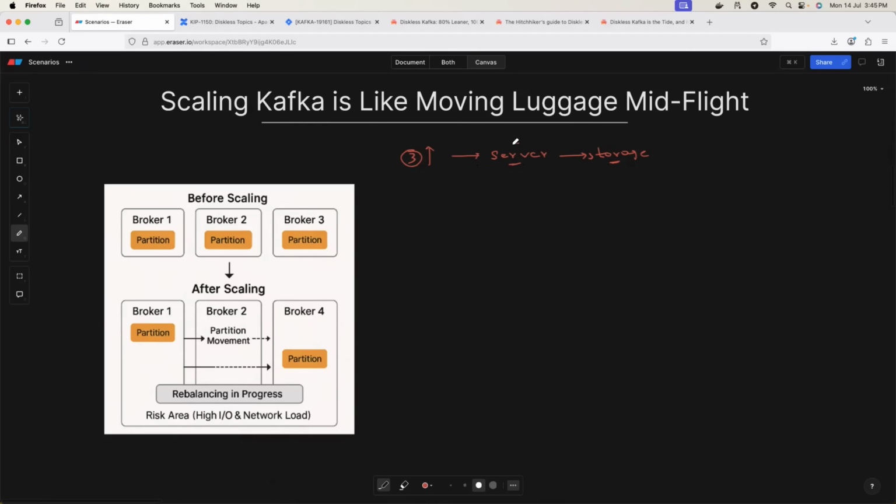Because every time this broker writes data, it writes data to the local disk. Maybe you don't need additional storage for your Kafka cluster, but still you don't have an option because the broker by default writes information to its local disk. In the same way, if you want to scale down the cluster, maybe you want to remove a broker, you have to ensure that data on the broker is rebalanced.